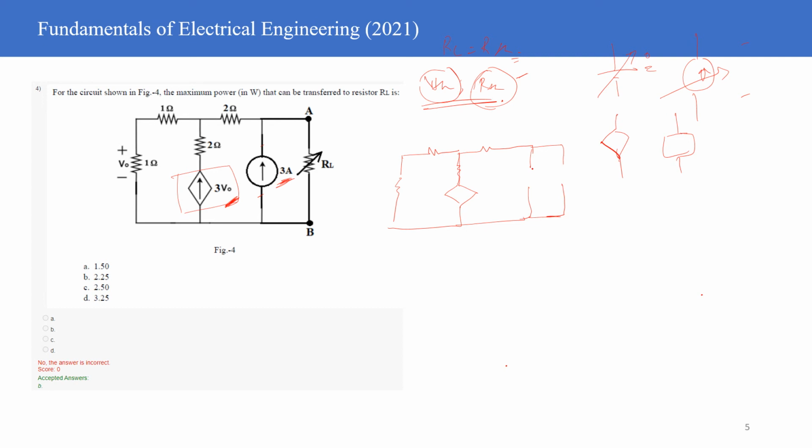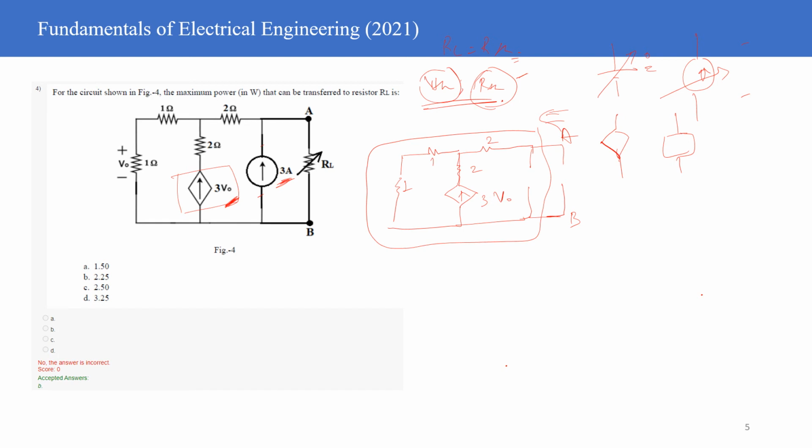So you open circuit this, and now you need to figure out the equivalent resistance of this particular system across the points A and B. So this is 1 ohm, this is 1 ohm, this is 2 ohm, this is 2 ohm, and this is 3 V naught. So are you guys understanding what I'm doing?